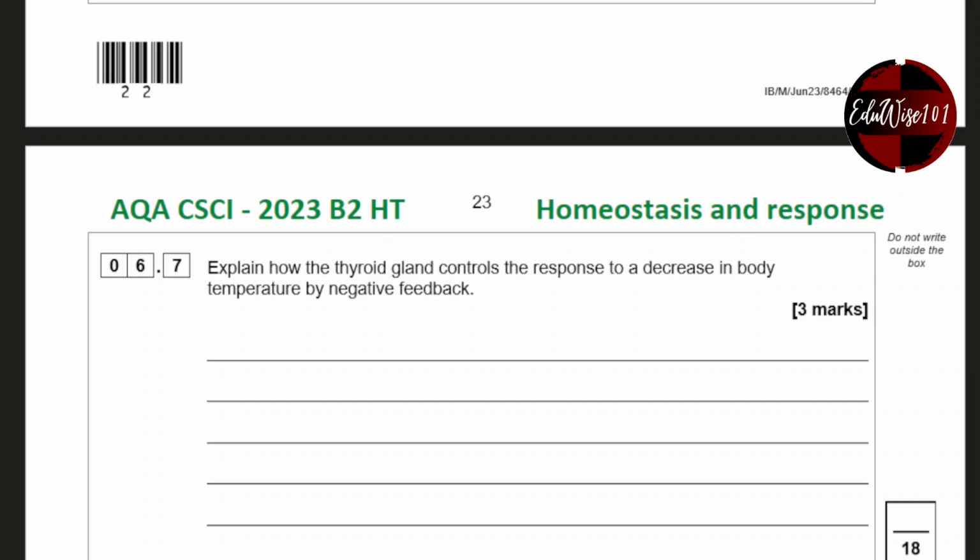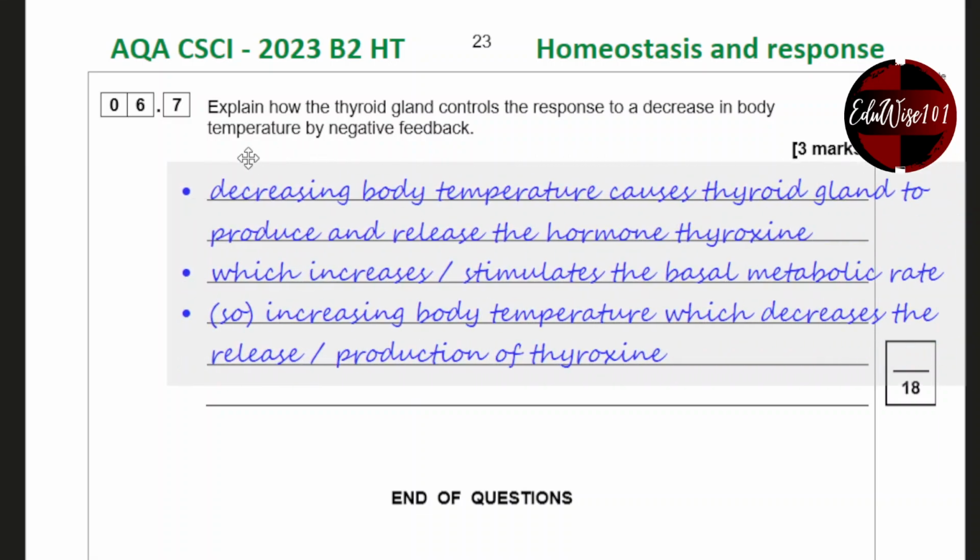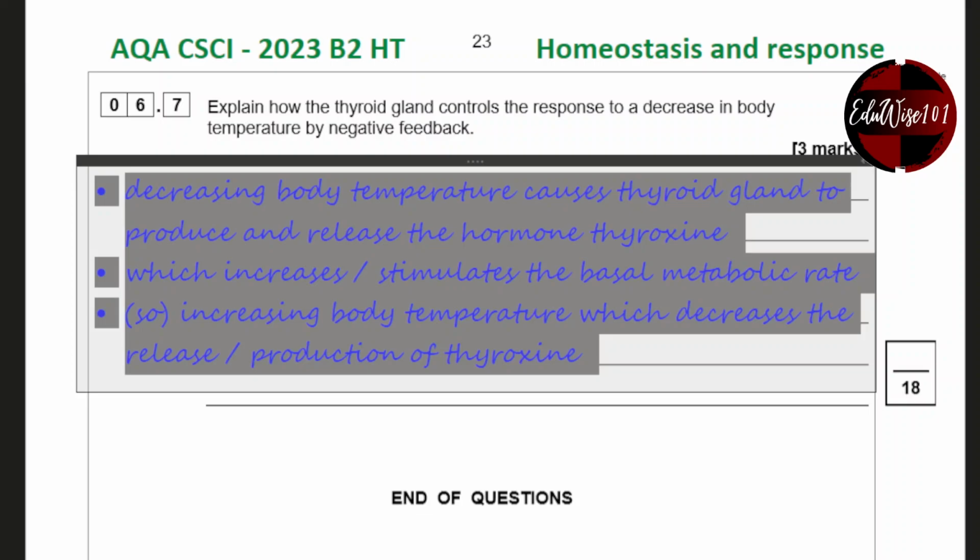6.7. Explain how the thyroid gland controls the response to a decrease in body temperature by negative feedback. Well, the thyroid gland, which is found at the base of your throat, produces the thyroxine hormone. Let's bring the answer.